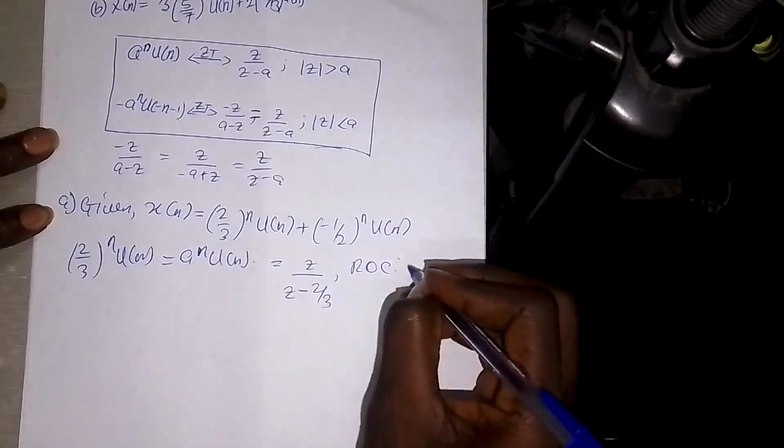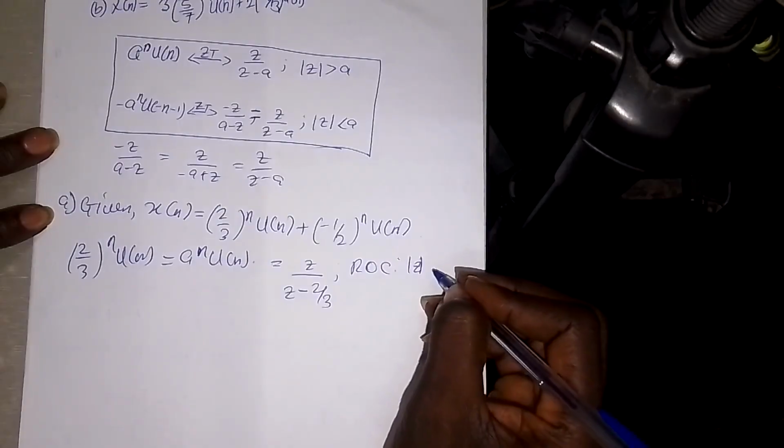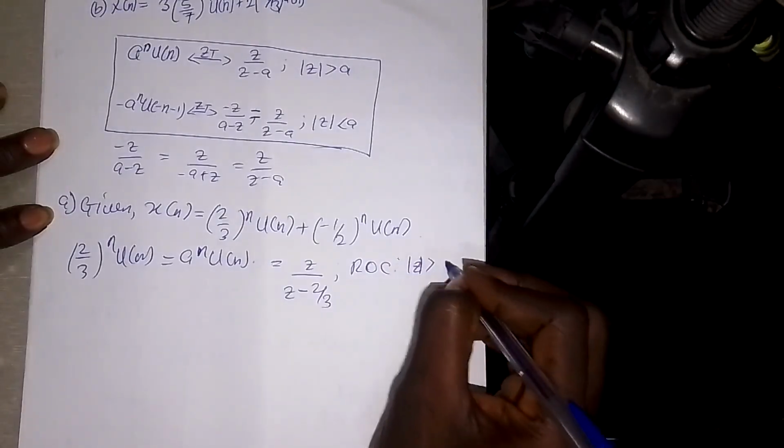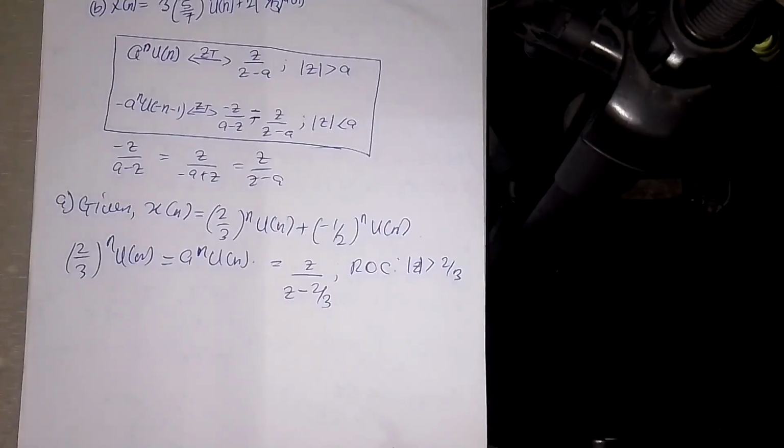Our ROC will be mod z greater than 2/3. That is what we're going to get there.